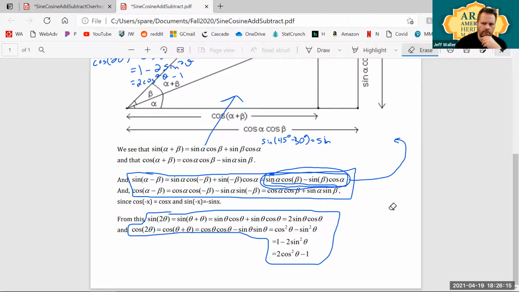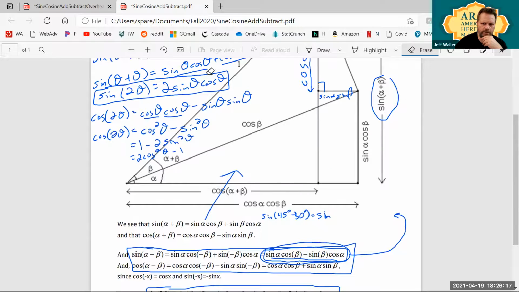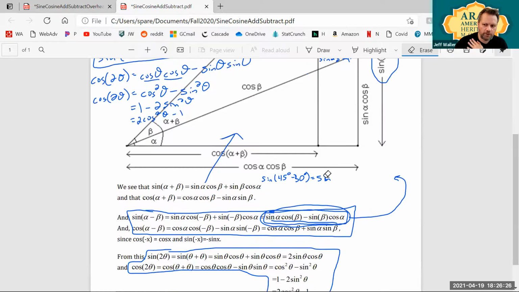That's the formula. Why is that true, Jeff? Because of all the work we did up here, right? We proved it. Even if you didn't understand the steps, all the steps were understandable. So you know it came from well-established rules.